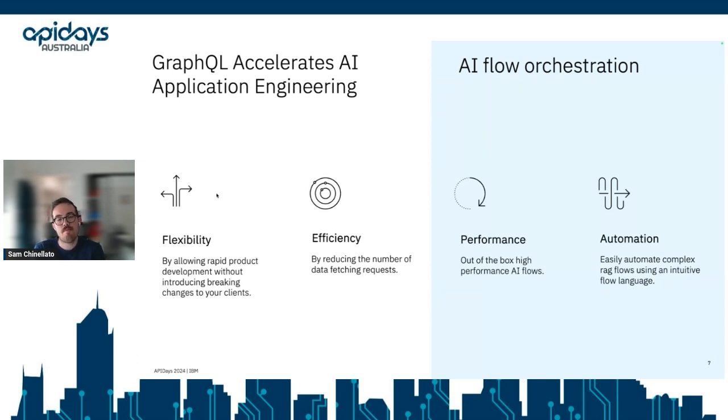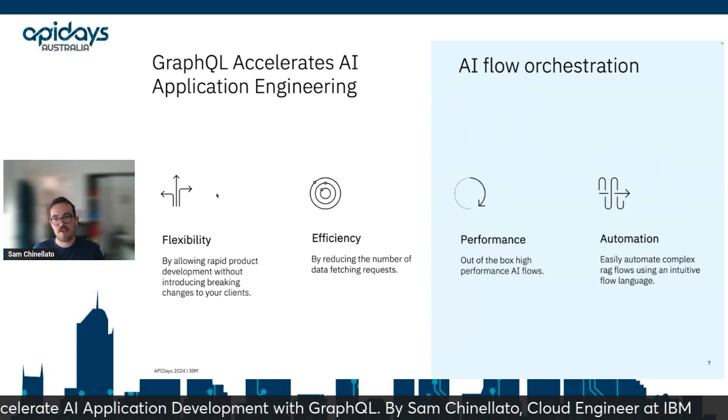And this is where AI flow orchestration comes in. In order to keep managing your AI application effectively, you need a tool that has performant infrastructure and makes performant choices out of the box.